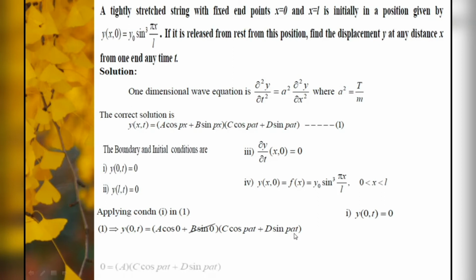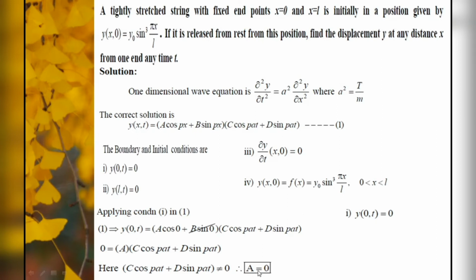We know that sin 0 is 0 and cos 0 is 1, and y of 0 comma t is 0 as per boundary condition 1. So we have 0 equal to A into (C cos pat plus D sin pat). In this, t is greater than 0, which is the condition given. Therefore, A equal to 0 is the only possibility.